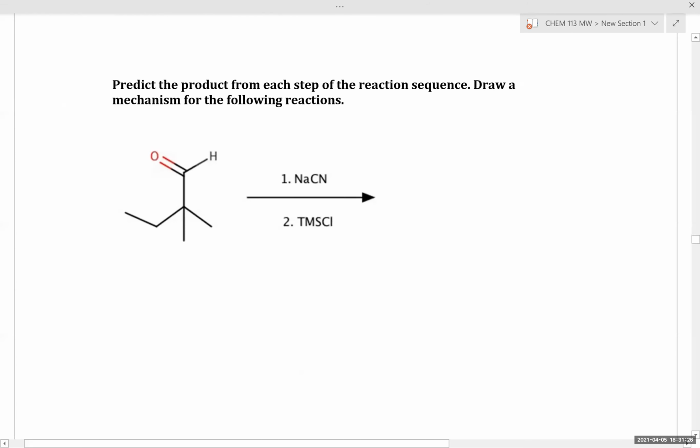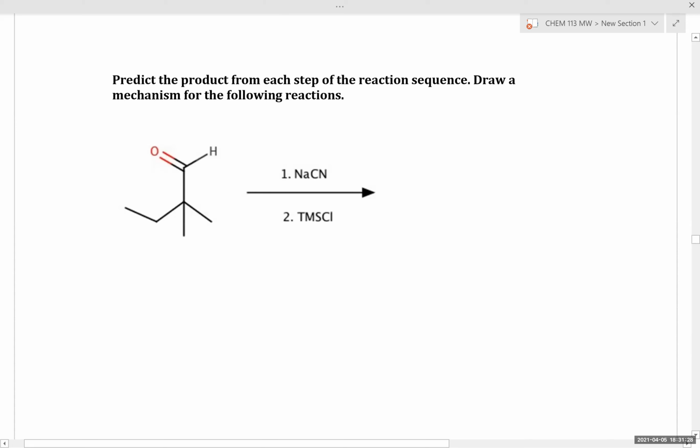Okay, so one thing to note, and one thing I'd really like us to appreciate, is that when you make a cyanohydrin under basic conditions, the alkoxide ion that you generate can be trapped with electrophiles. So you can even, for example, protect the cyanohydrin alcohol with trimethylsilyl chloride.